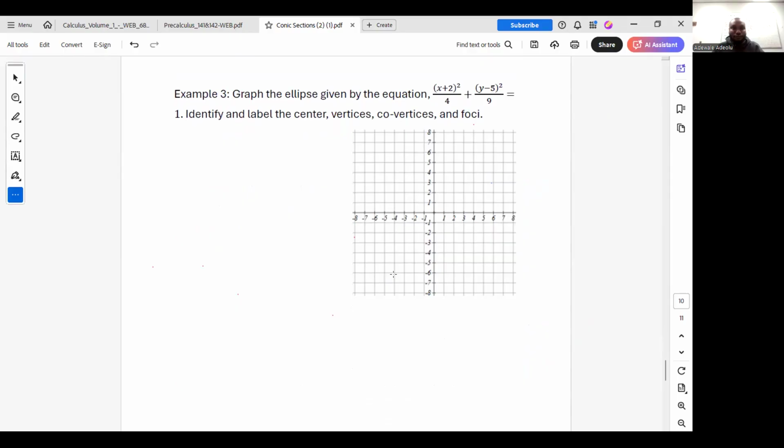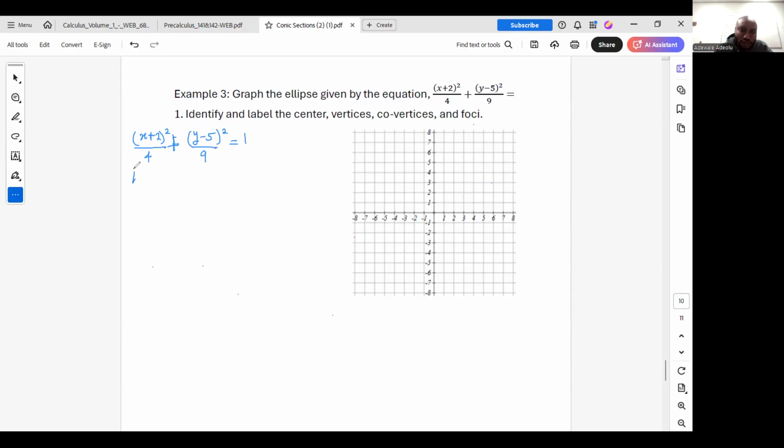Graph the ellipse given by the equation (x plus 2) all squared divided by 4 plus (y minus 5) all squared divided by 9 equals 1. This is in standard form.